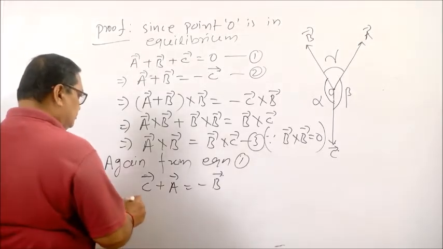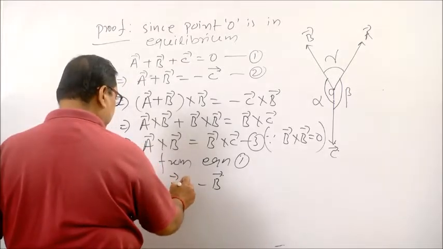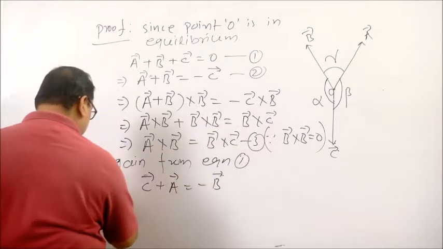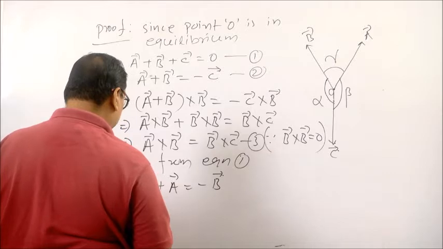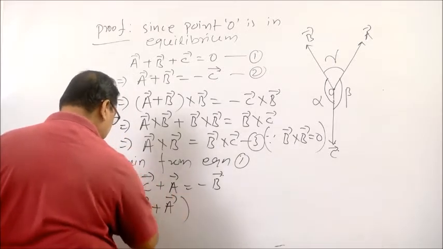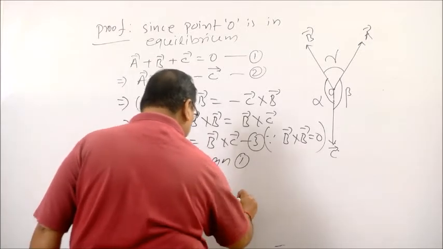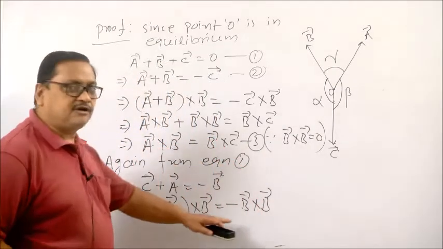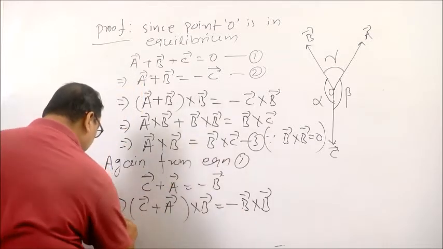Now multiply C plus A cross B equals minus B cross B. Since the cross product of two equal vectors is 0, the RHS will be 0.